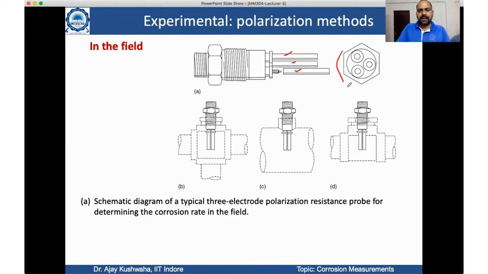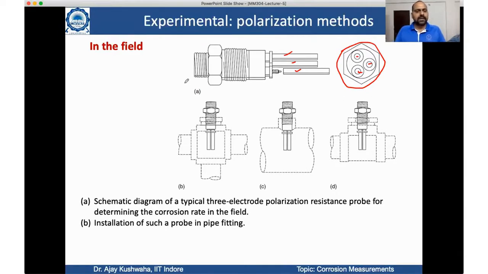Now this is the setup, and it can be deployed in different ways. Here are a few examples in figures B, C and D.